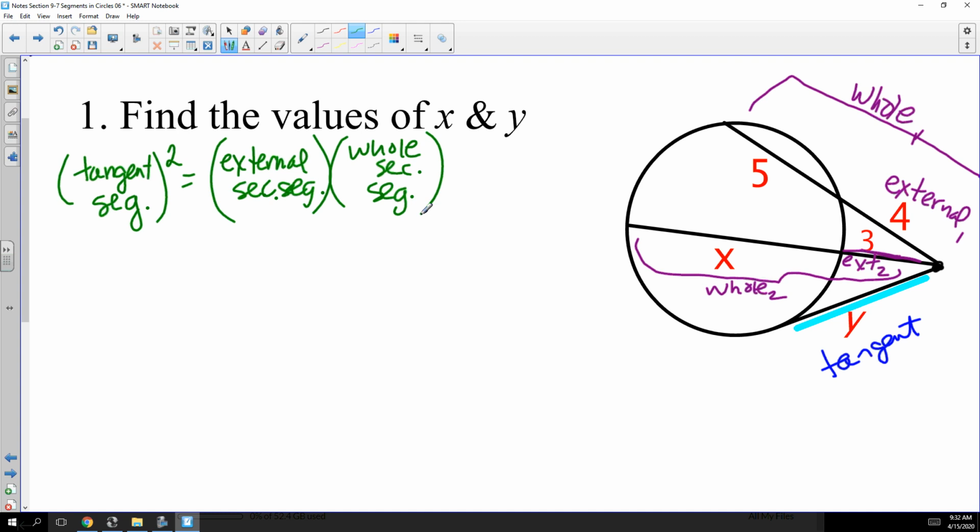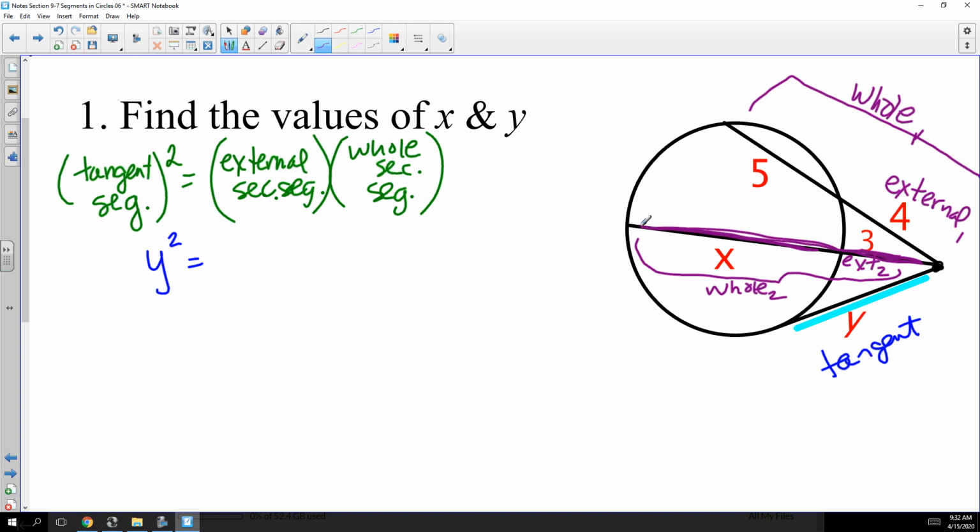If we set up the tangent segment with y, so if we say y, which is the tangent segment squared, is equal to, and then let's say we use the closest secant, and that closest secant is actually the 3 and the x. So this is the closest one to that. So let's say we set it up like that.